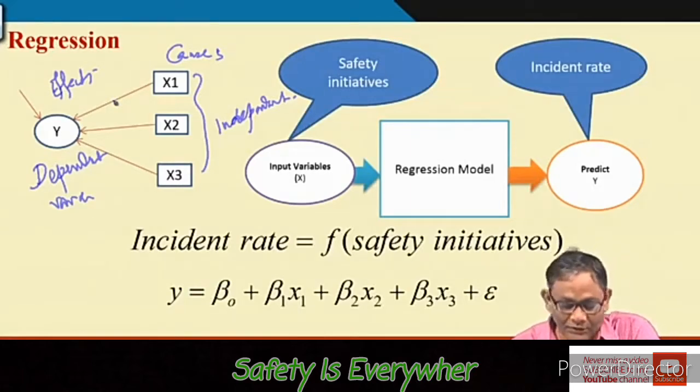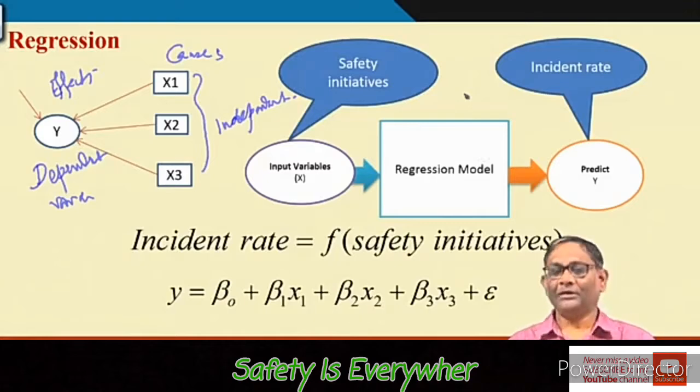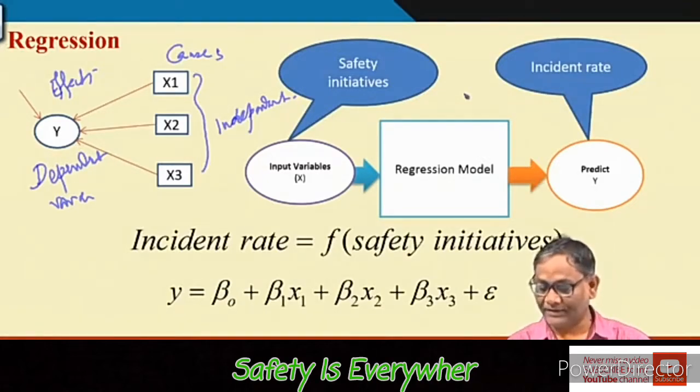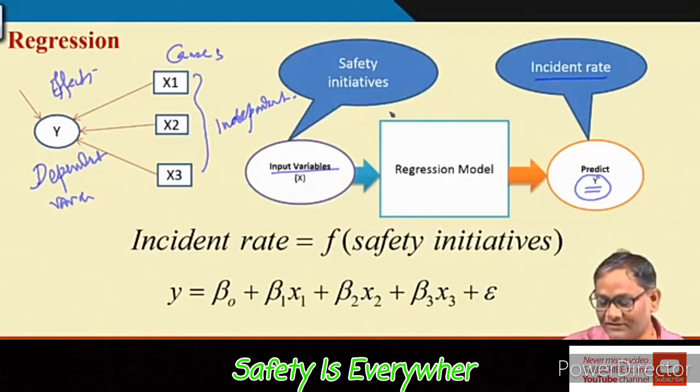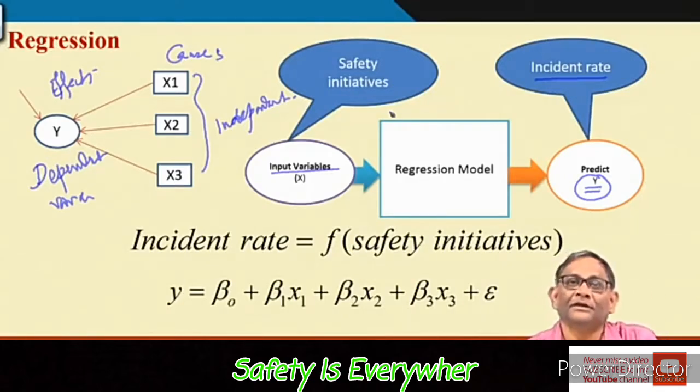Then from the safety or accident data analysis point of view, suppose you want to predict incident rate, so y is the incident rate, with the help of input variables, which are basically the safety initiatives. Different safety initiatives are taken in the industry, and also every year or every month there is incident rate data.